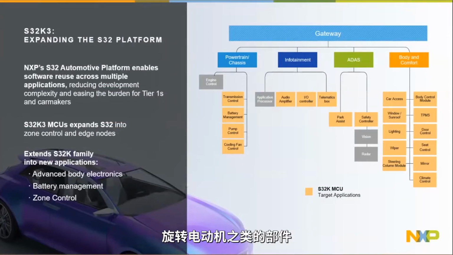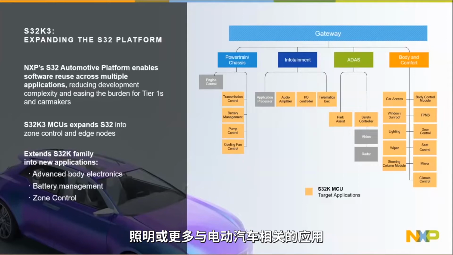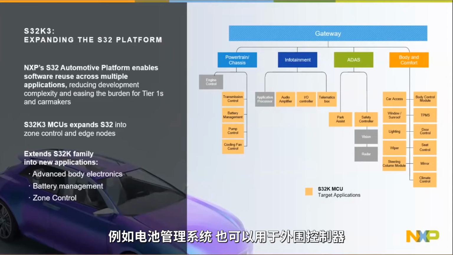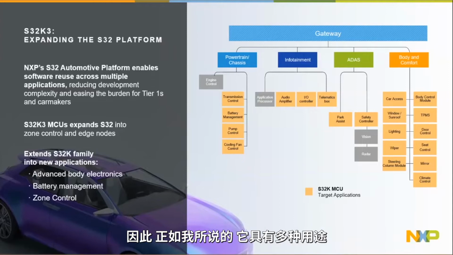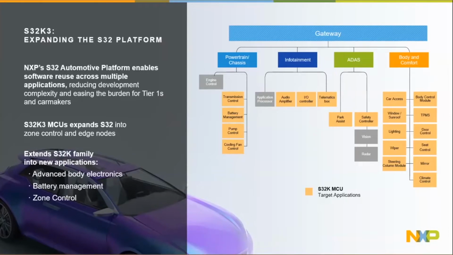But it's also applicable to car access, steering, lighting, or more electric vehicle related applications, battery management systems, and can also be used as a peripheral controller in an audio amplifier system, an infotainment system, or even in an ADAS system. So it's versatile, flexible, and can be used in multiple environments.